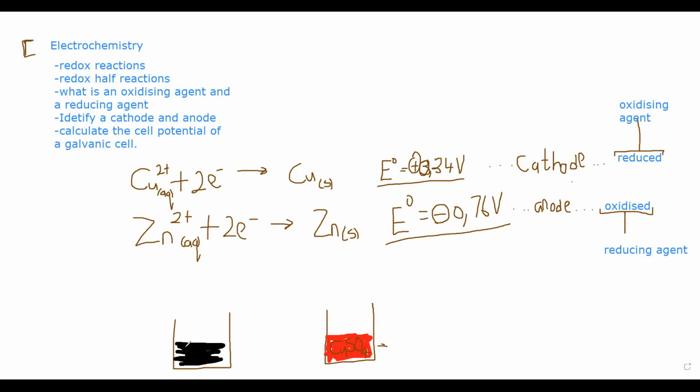For the zinc solution, it's usually zinc nitrate, so Zn(NO3)2.